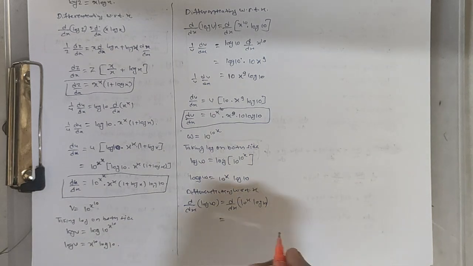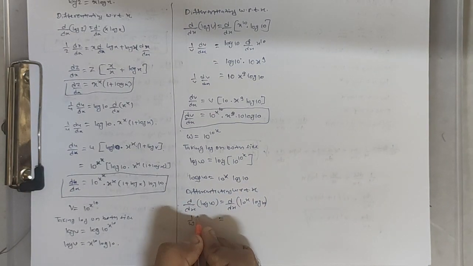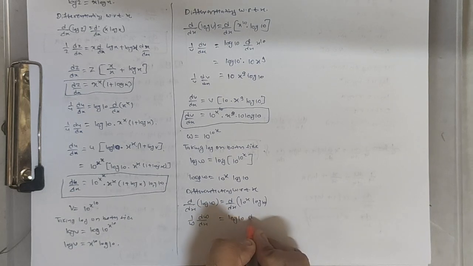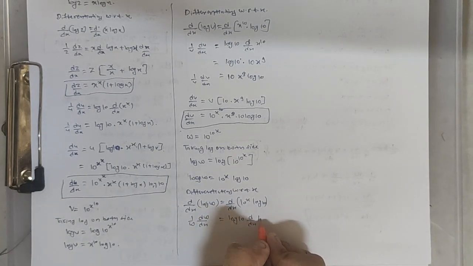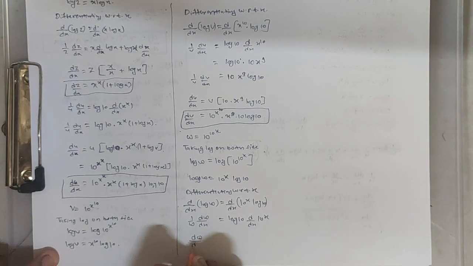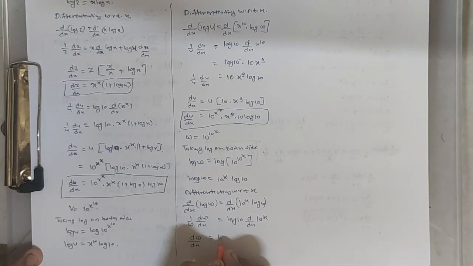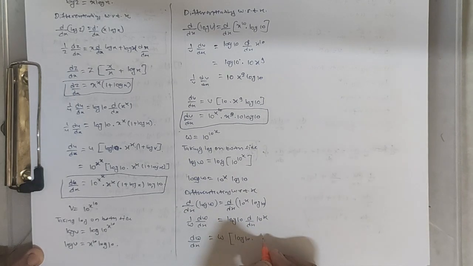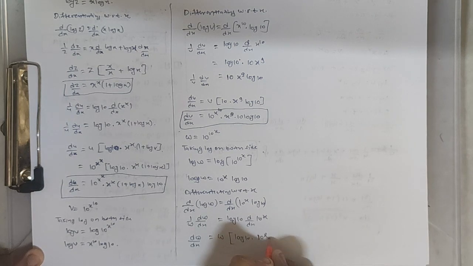So 1 upon w, differentiation of w with respect to x, will be log 10 into differentiation of 10 raised to x. So dw upon dx is equal to w in bracket log 10, and the differentiation of a raised to x is a raised to x into log a, that is 10 raised to x into log 10.